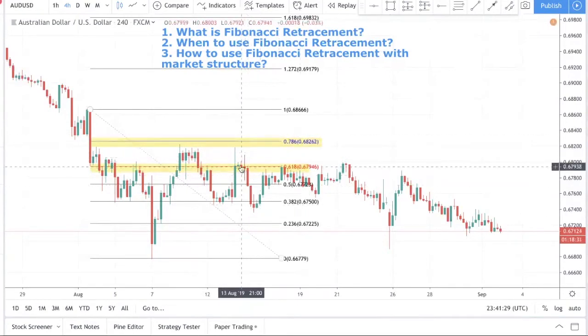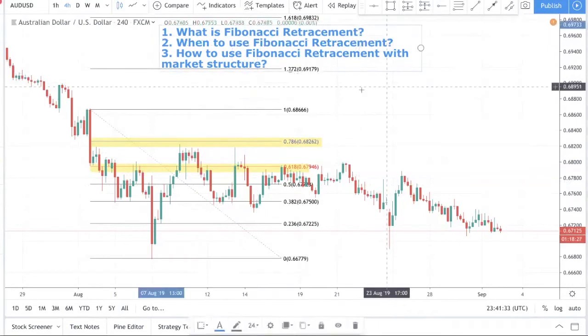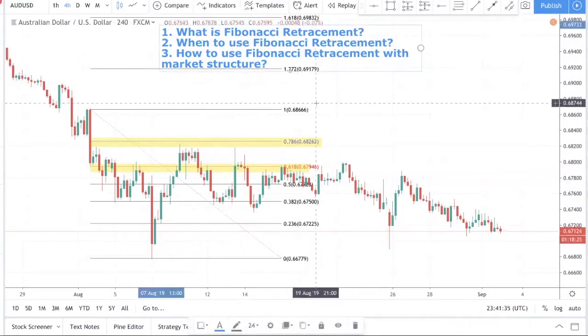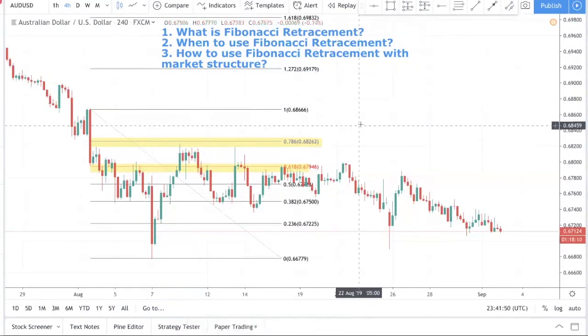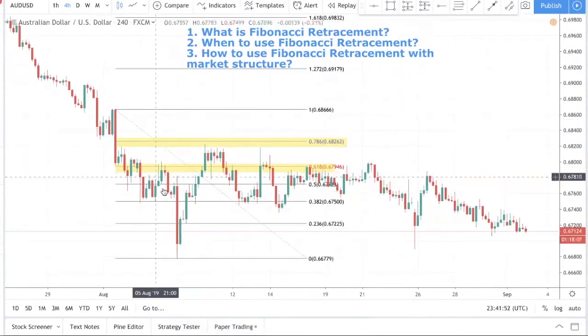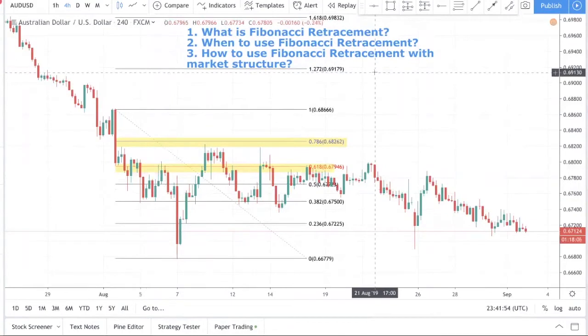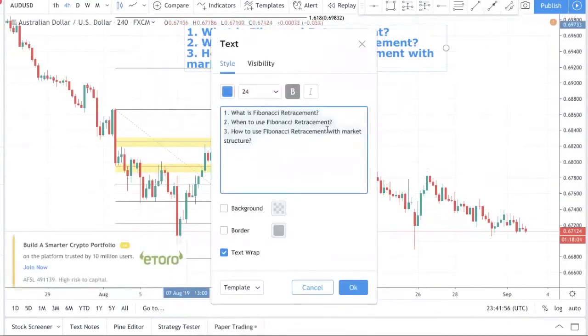The next question we want to answer is, when do you use Fibonacci retracement? Actually, the answer is very obvious. Retracement is in the name, right? So naturally, we want to use Fibonacci retracement when there is a retracement. Make sense? There's only a retracement when there is a trend. So maybe I'll just write it down here.